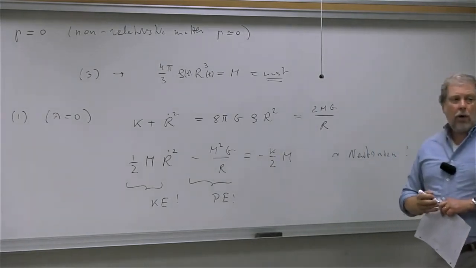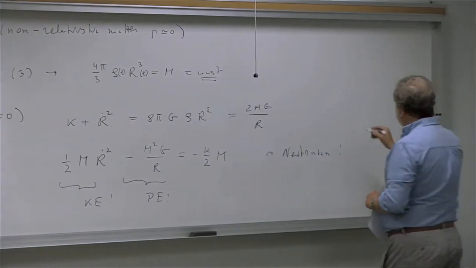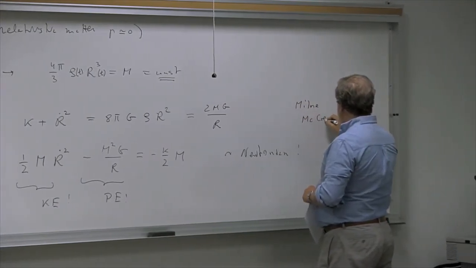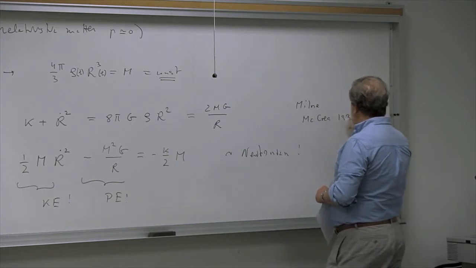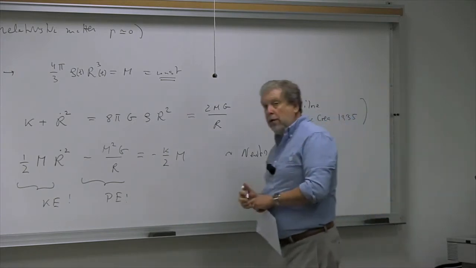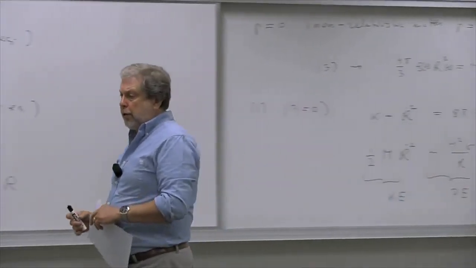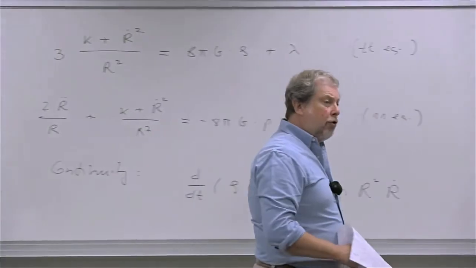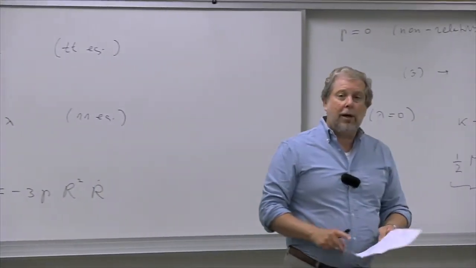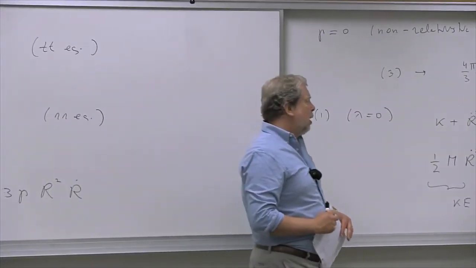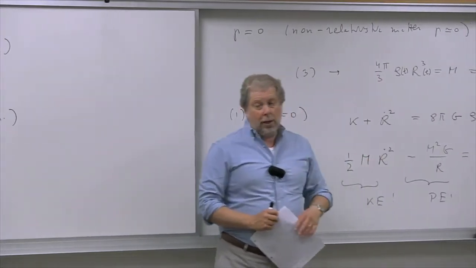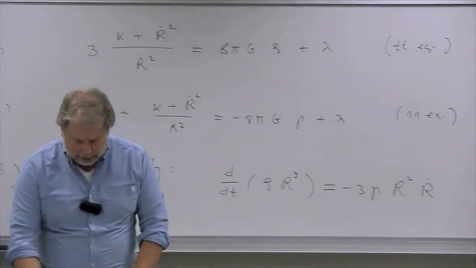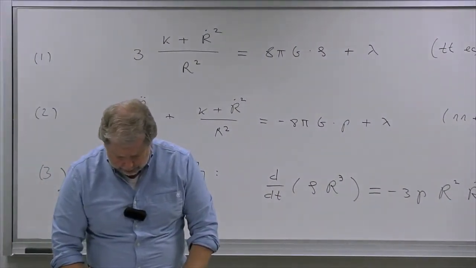And in fact, it was Milne and McCrea that in 1935 showed that you can derive, under suitable conditions, the equations for the Robertson-Walker metric that you get from the Einstein field equations for the scale factor. You can derive exactly the same equation using Newtonian physics and they end up being the same form if you consider a gas cloud that is homogeneous and isotropic.